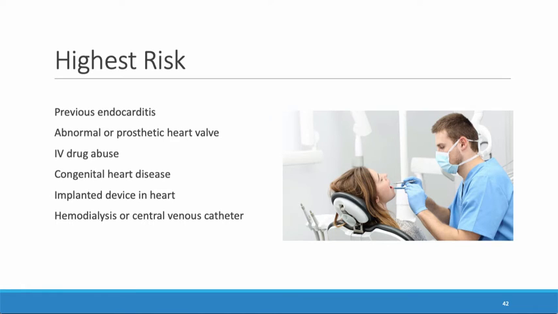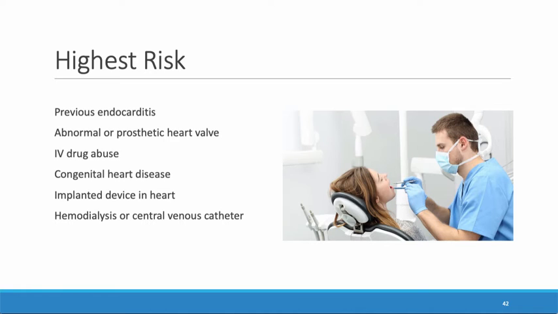So the people at highest risk of endocarditis, and this is an important lesson, are people who've had endocarditis before. They've already proven that they have the substrate, right, for having endocarditis. That substrate doesn't go away. And in fact, even if you have a valve replaced in response to endocarditis, now you have a new valve in there that doesn't function the way the maker intended. And so, there will be abnormalities of flow across an abnormal or prosthetic heart valve.